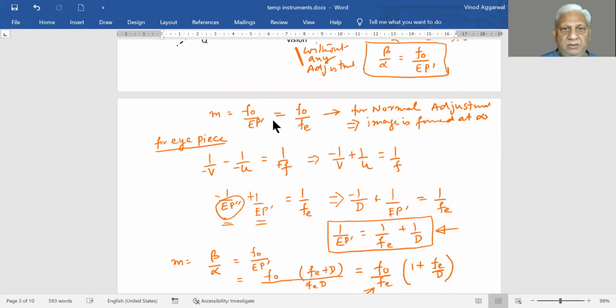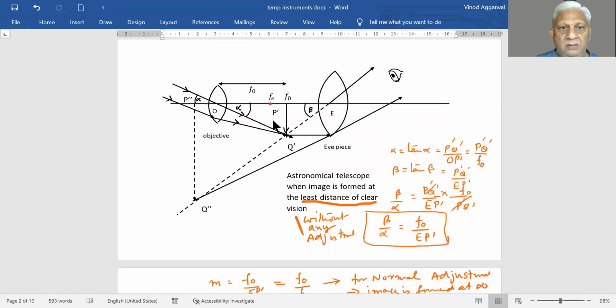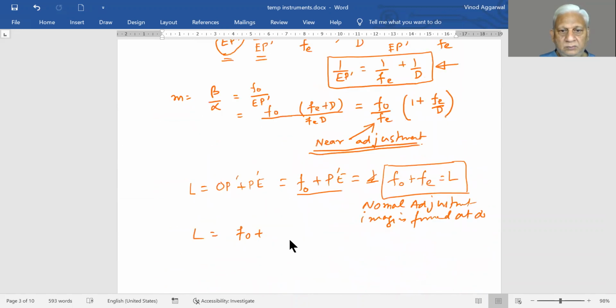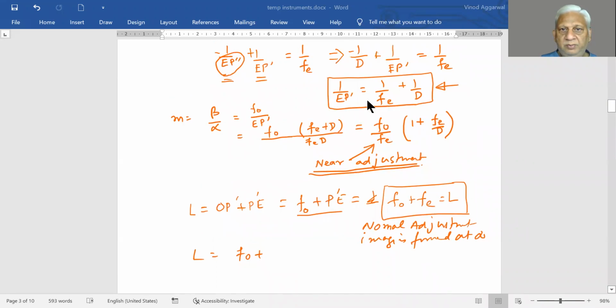Now P dash E, we have already seen P dash E as this. So we substitute this P dash here.